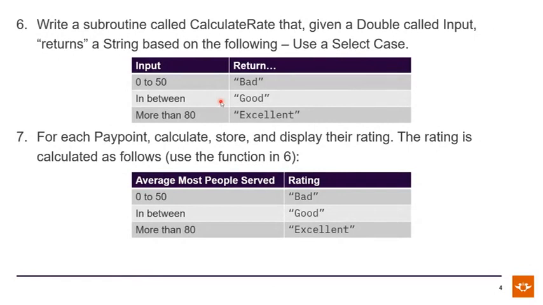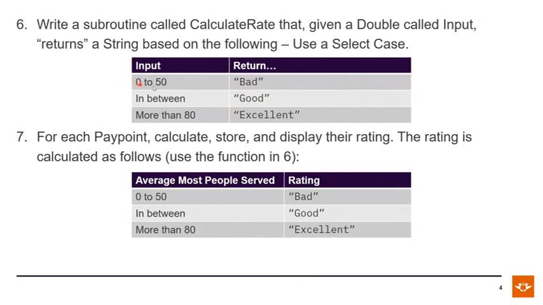And this question ends at question 7, and it says, for each pay point, calculate, store, and display their rating. The rating is calculated as follows, and it says use the subroutine. It's not a function. Use the subroutine in question 6, and as you can see here, this basically reflects the subroutine in question 6.